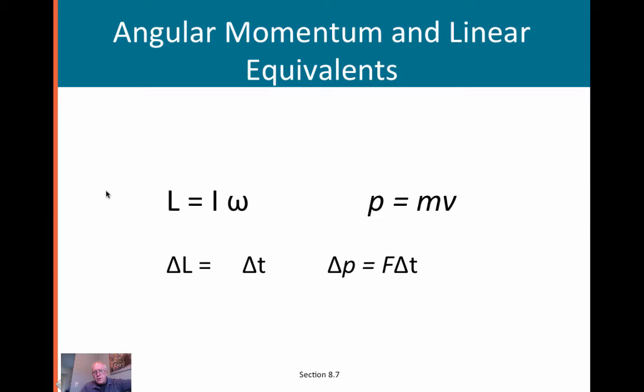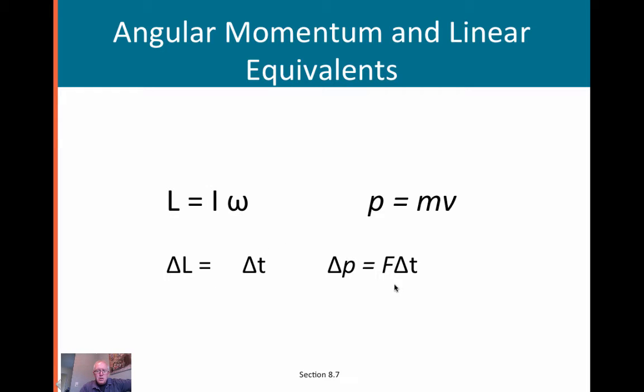And we had also developed a concept of impulse. And the idea of impulse here, and this is an AP formula equation as well, is that the change in the momentum is going to be equal to the force multiplied by the change in time. So the angular equivalent here is that the change in the momentum, and that's the value here, L for angular momentum, is going to be equal to what?